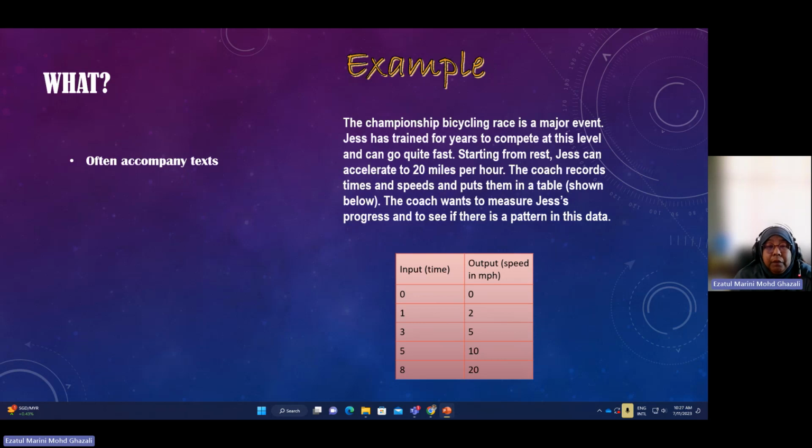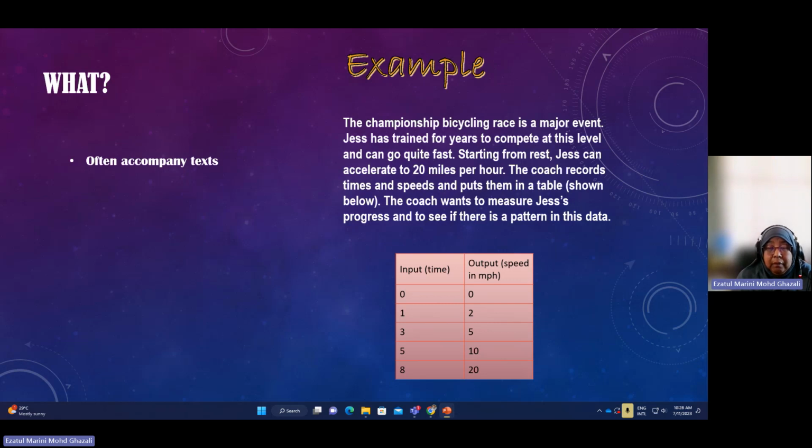For example, if you look at the paragraph that I have provided in the slides, if you solely read the text without the aid of a table, you might not be able to get the whole idea of what is being discussed in the paragraph.